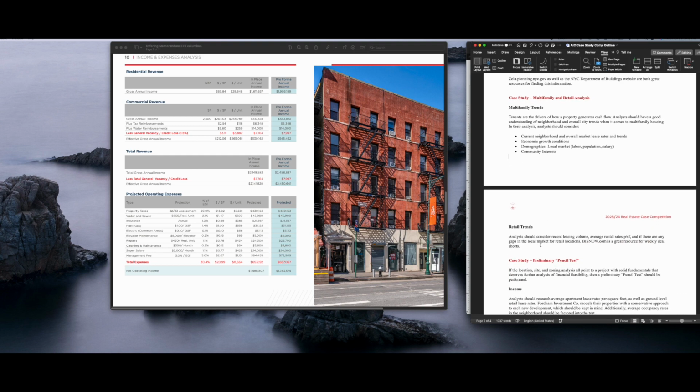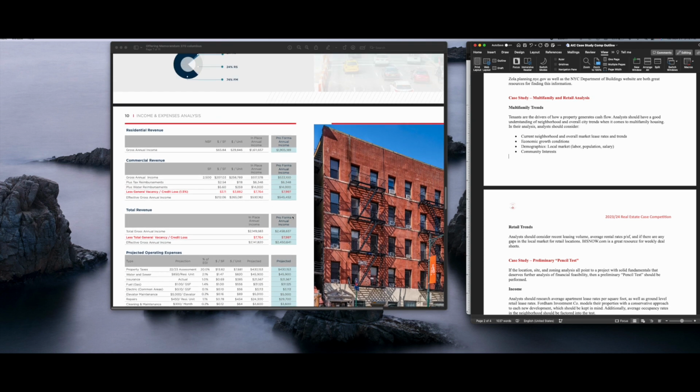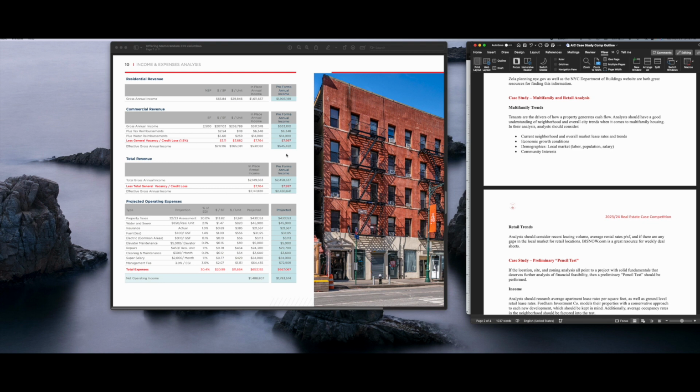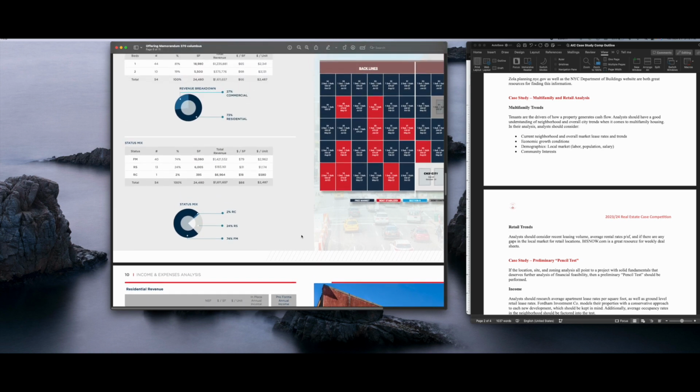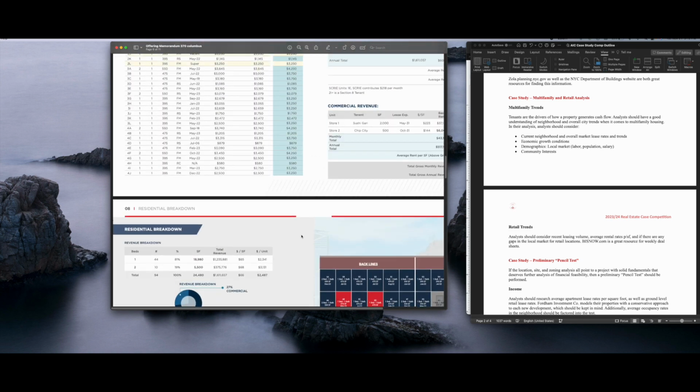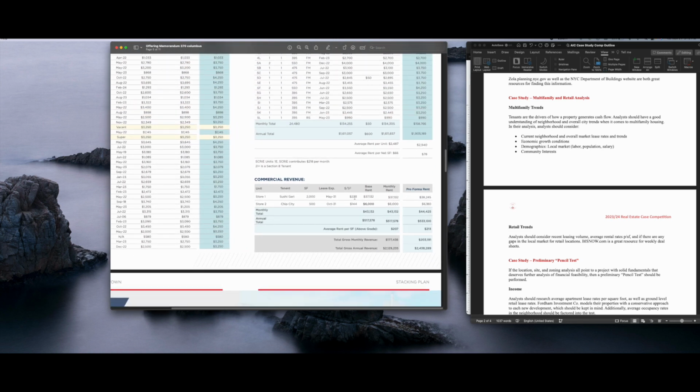And then when doing retail trends, you should look up what the average rental rates per square foot are. For this property, the average per square foot for both combined, it would be better to do it this way. 223 for the restaurant per square foot per year. That is actually really high for what this building is offering.